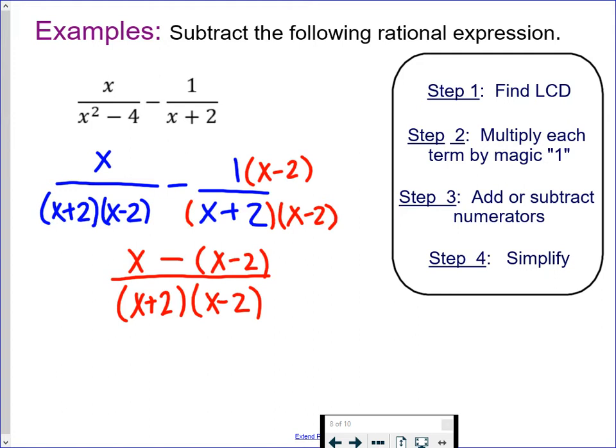Okay. So then go ahead and simplify your numerator, and see if you can take it any further.